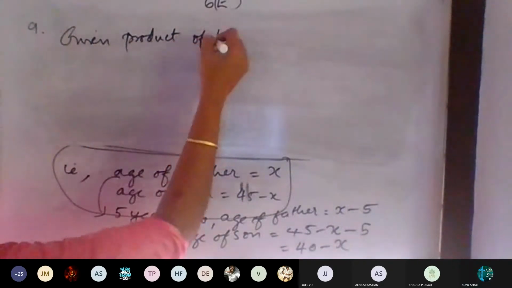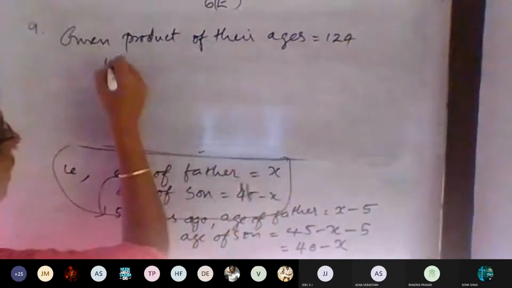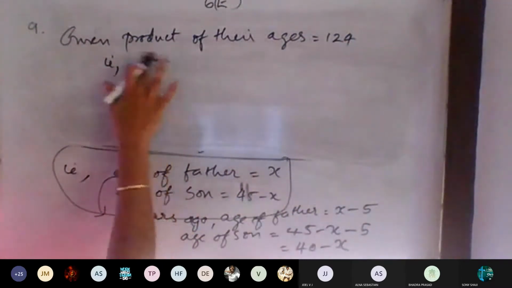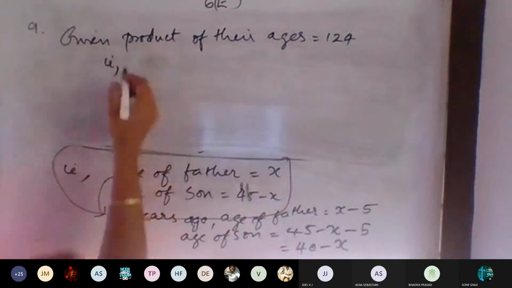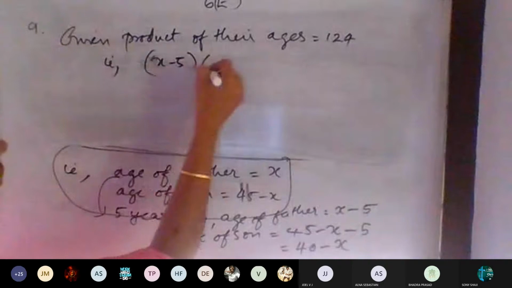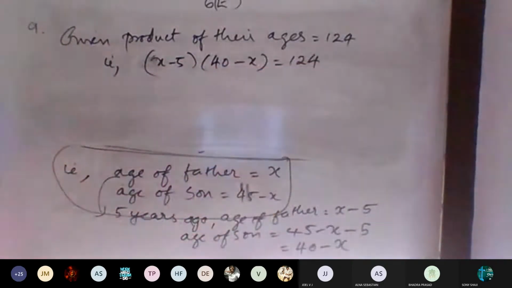That is 5 years ago, x minus 5 into 40 minus x is equal to 124.